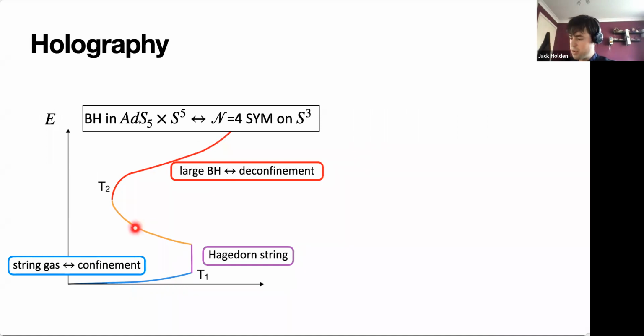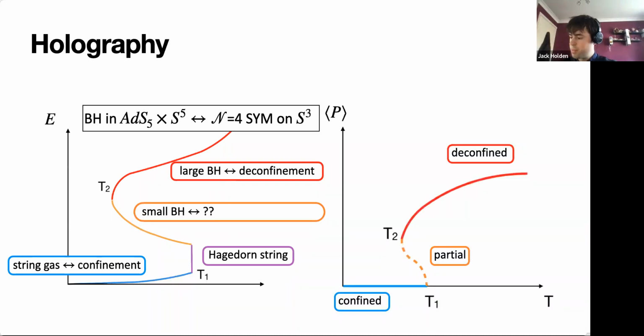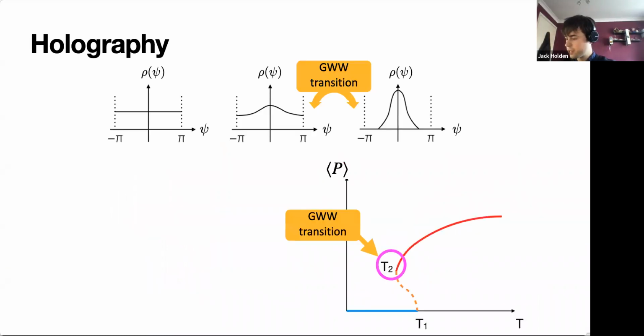But there isn't an explanation for the small black hole. But if we compare to this phase diagram again, this would suggest that perhaps the small black hole is the partially confined phase.